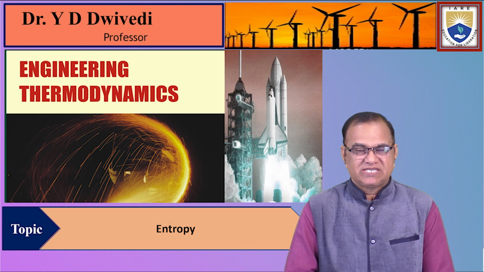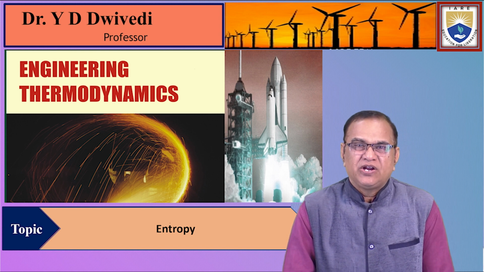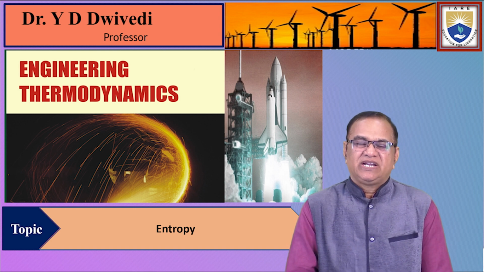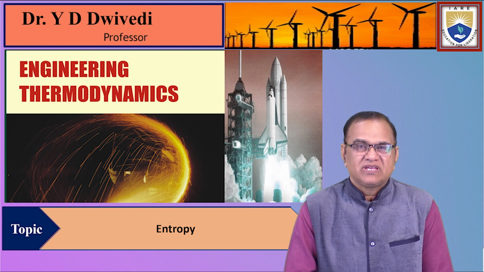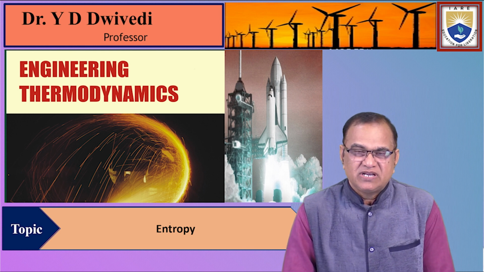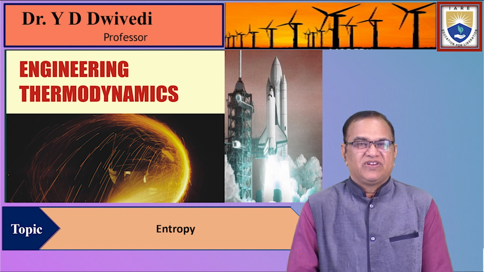There will be some losses. In this process, we have seen two statements: the Kelvin-Planck statement, which describes the heat engine, and the Clausius statement, which explains the heat pump and the refrigeration.